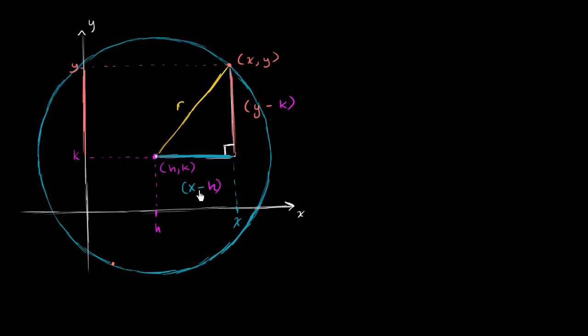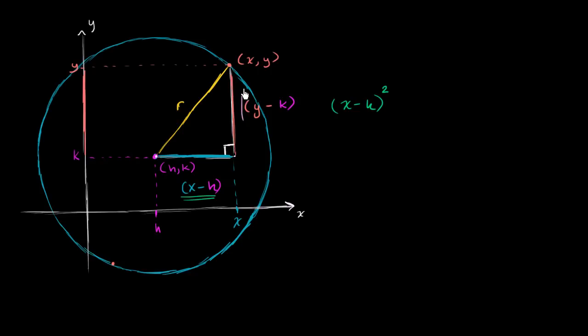The sum of the squares of the two shorter sides is going to be equal to the square of the hypotenuse. So one of the shorter sides has length x minus h. So I could write x minus h squared, the length of that side squared, plus the length of this side squared. Let me do this in a color that I haven't used yet.